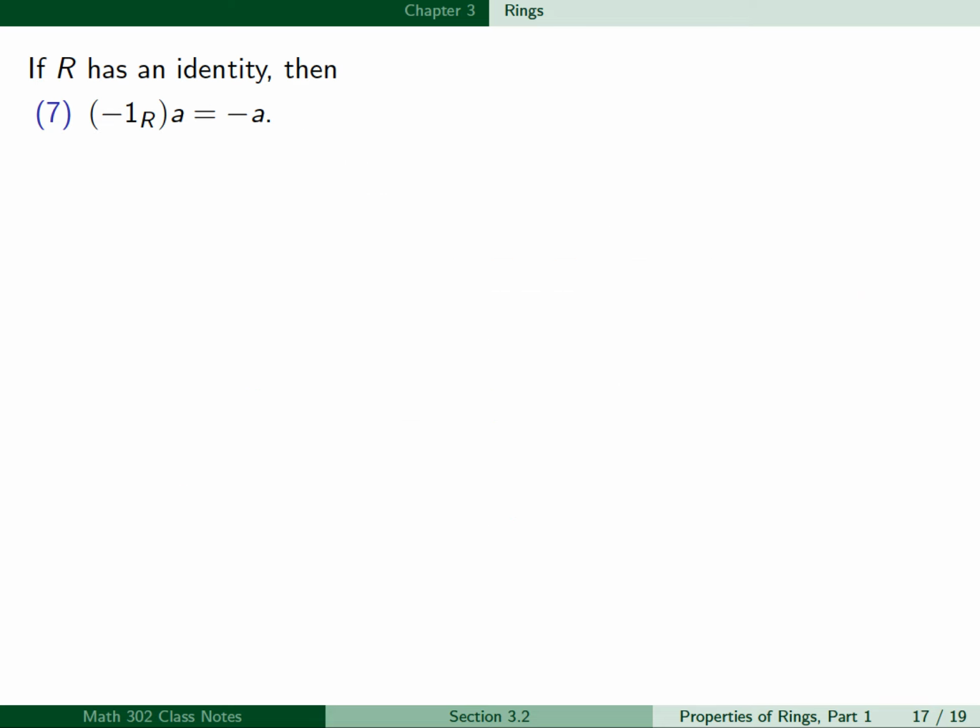Okay, and now finally we have property 7, which states if r has an identity, a multiplicative identity, then minus 1 sub r times a is minus a.